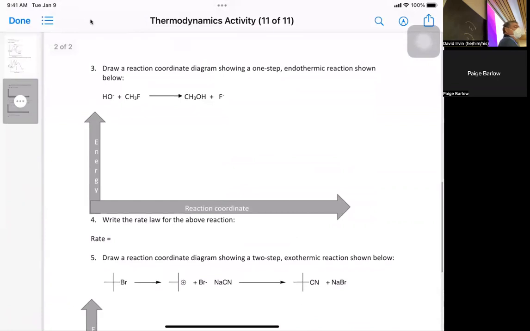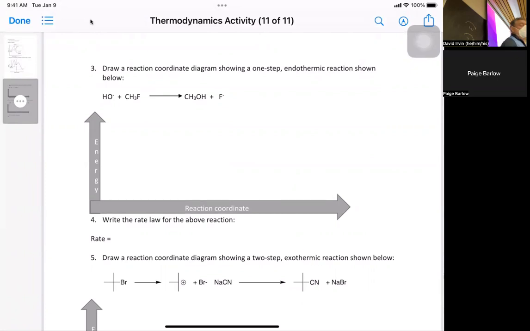I want you to draw the reaction coordinate diagram for this one-step endothermic reaction. Show me where the starting materials begin, where the transition state is, where the intermediates are, where the second transition state is, if there is one, and where the products are. And show that energy difference, showing me that it's endothermic.